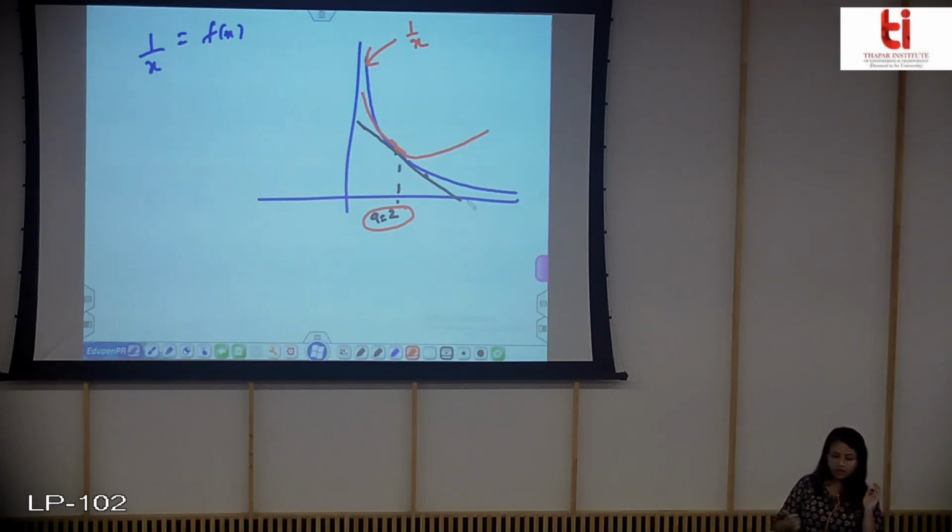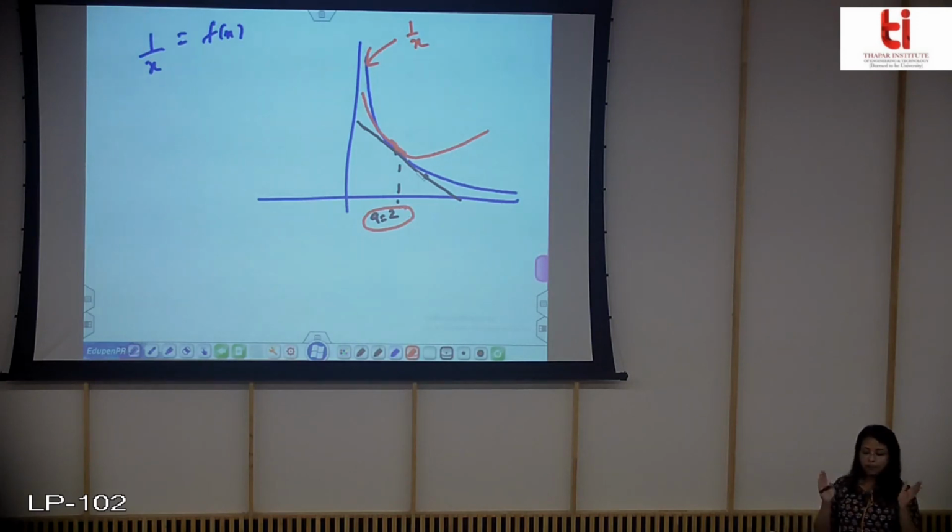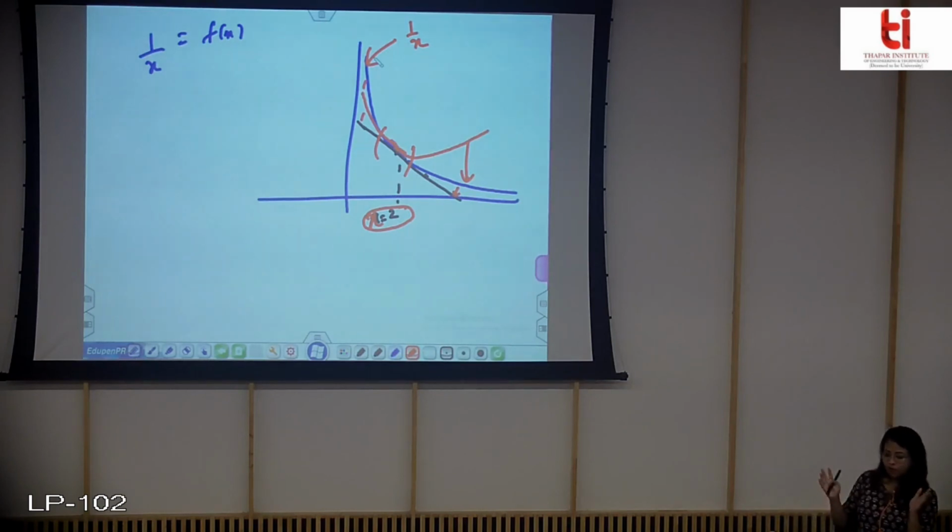When I considered 3 terms, I got this red one, and around a is equal to 2, you can see that this is a good approximation around x is equal to 2. All 3 graphs look the same in this neighborhood. But as we move away from 2, we get a little bit of deflection. Here it is deflection, here it is deflection. So around x is equal to 2, the actual function and the approximate function behave in the same way.